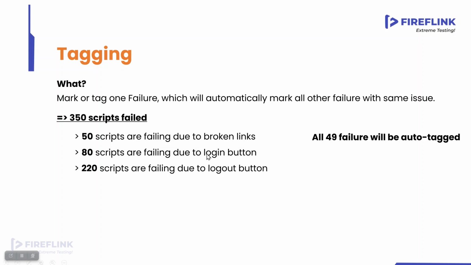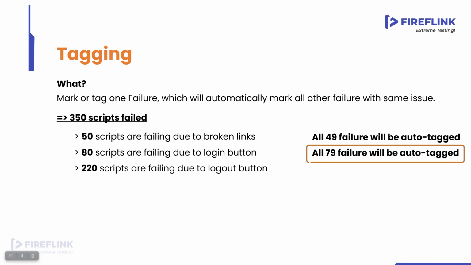I will tag that one particular step in that particular script. That tag will be applicable to all the other 79 failures. And if I go to a different script failing due to the same reason, that tag will be available there. So once I see the tag, I will not work on the same failure.